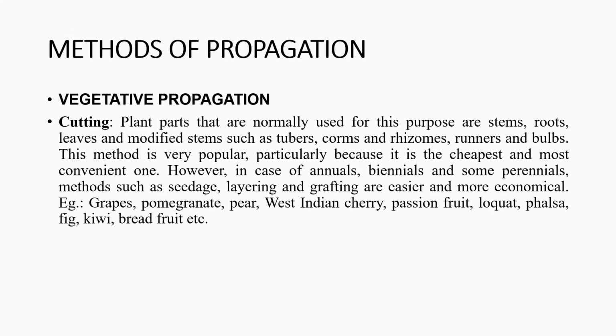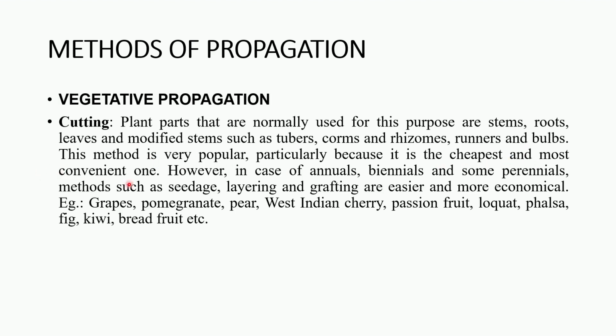Now coming to the vegetative propagation methods. Cutting, we will see about cutting. In cutting, the plant parts used for cutting purposes are stems, roots and leaves, and modified stems such as tubers, corms, rhizomes, runners and bulbs. This method is very popular because it is the cheapest and most convenient one.